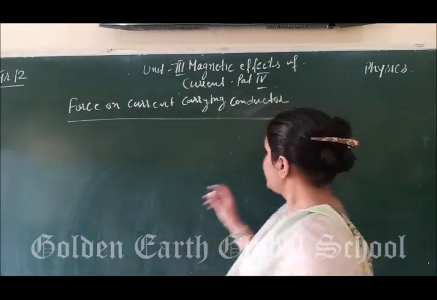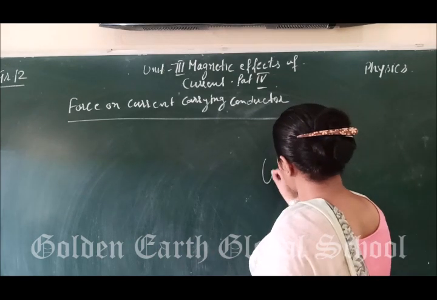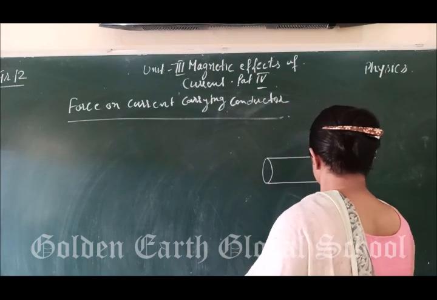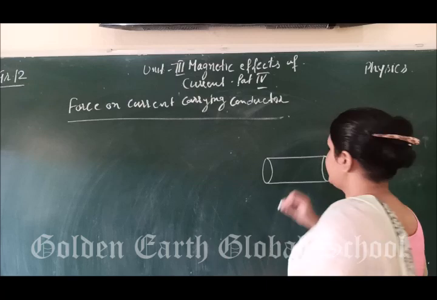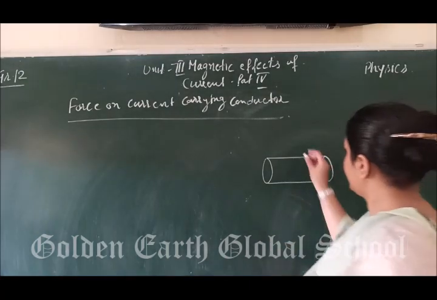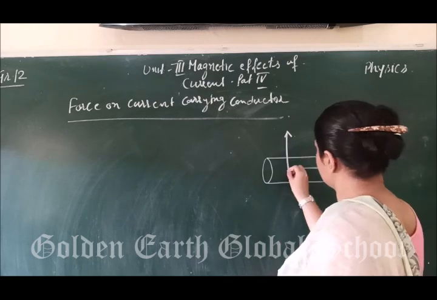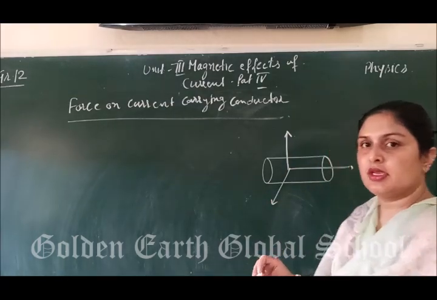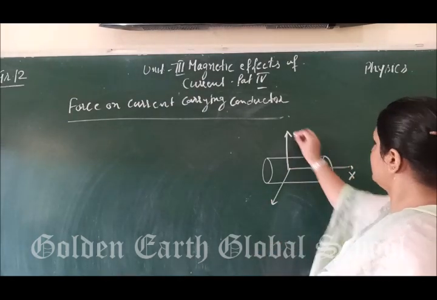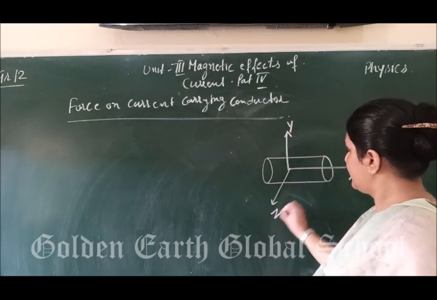For that, let us suppose we have a conductor placed inside the magnetic field. I am going to draw the coordinate system: x-axis, y-axis and z-axis.